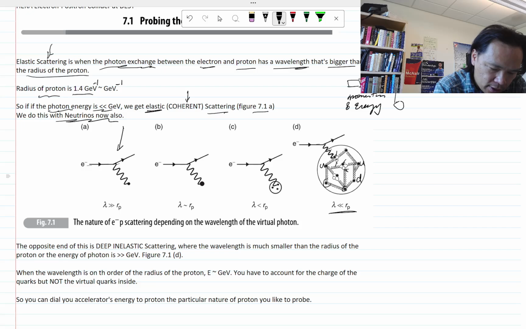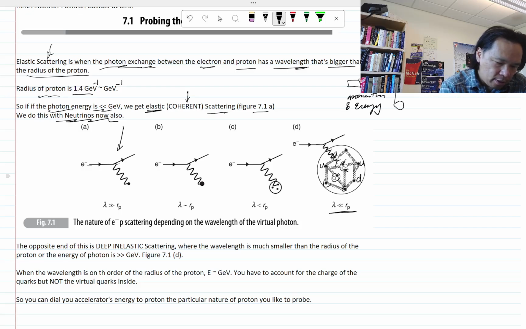But the rest of these are actually virtual quarks. I don't know why he decided to put 6 in here, but it's fine. So you can interact with these individual virtual or real quarks because those quarks also have electromagnetic charge. So this is still quantum electrodynamics because all the interactions are through the electromagnetic force.